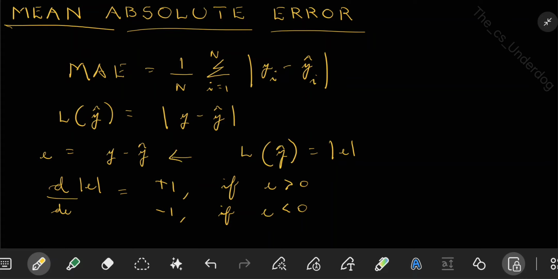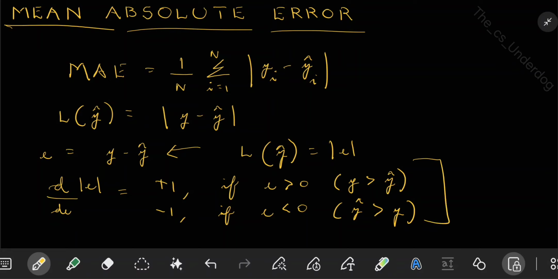E is y minus y cap, so E greater than 0 automatically means y is greater than y cap. Similarly, if E is less than 0, that means y cap is greater than y. These are the cases. I'm going to use this particular d by dE of mod E.